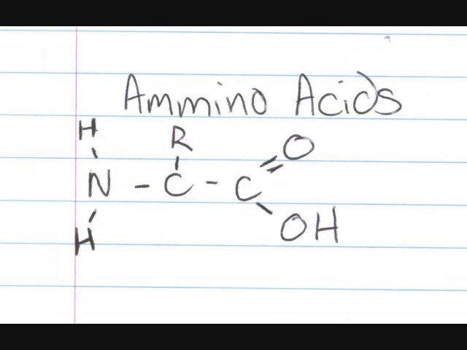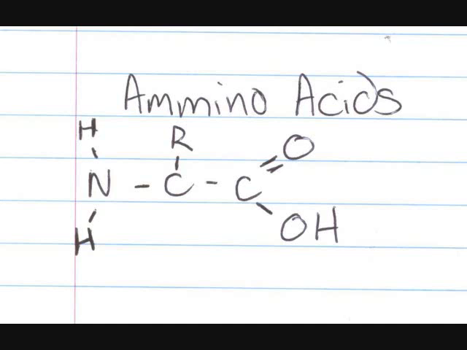Then we've got amino acids. Everybody knows what amino acids are, right? Building block. So you're going to have a carbon with some kind of functional group off of there. It doesn't really matter exactly what it is. But it's going to be attached to a carboxylic acid, and also have an amino group.